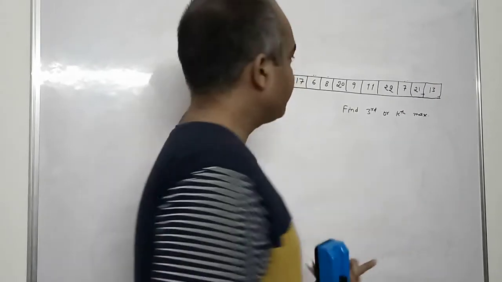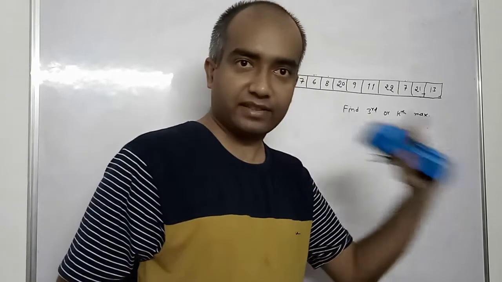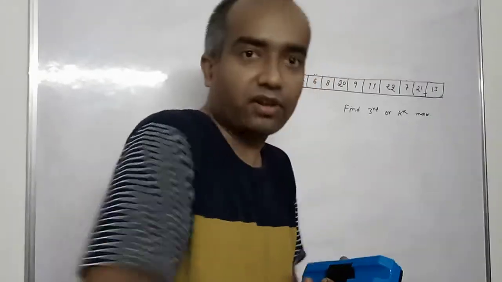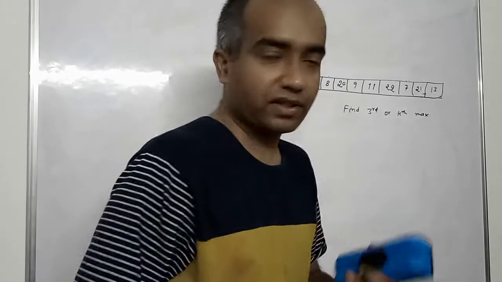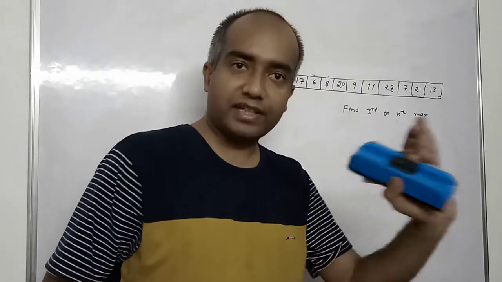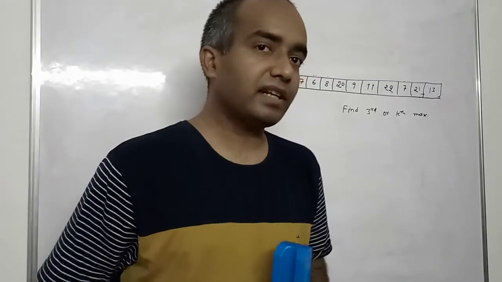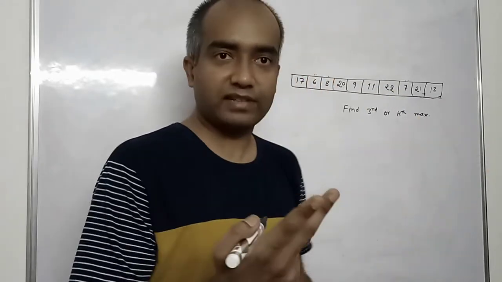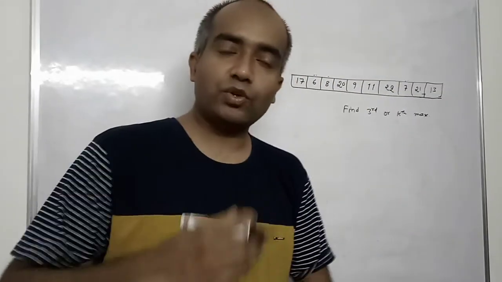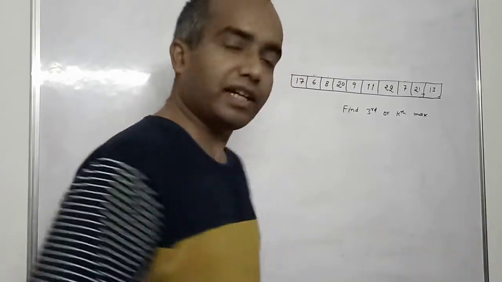I will only iterate during the selection sort iteration, applying this logic only 3 times. I will run my loop 3 times. If I have to find the fourth largest element, I will run this loop 4 times. If I have to find the second smallest element, I will run my loop 2 times. That way I used to do it.